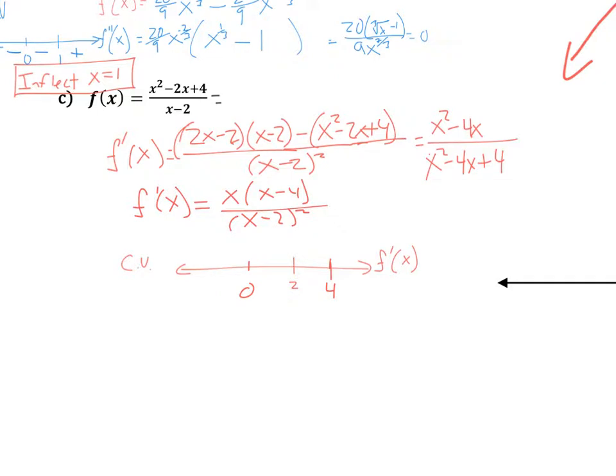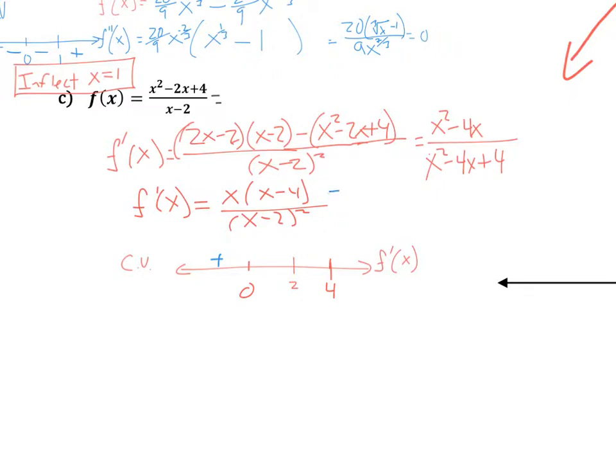All right? So let's check some values here. We're going to plug in the derivative. When x over here is -1, plugging in -1, we get a negative times a negative on top. That's going to be positive on top. Plug in -1, you're going to get positive on bottom. And let's try something here in the middle. How about a 1? When we plug in 1, we're going to get a positive times a negative.